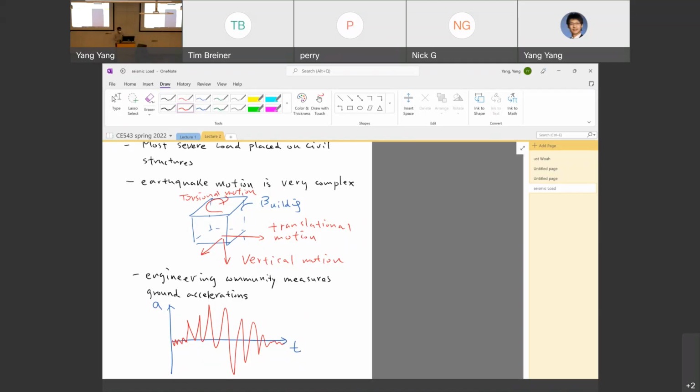And typically we have the entire time here of an earthquake, which we call the duration of an earthquake.